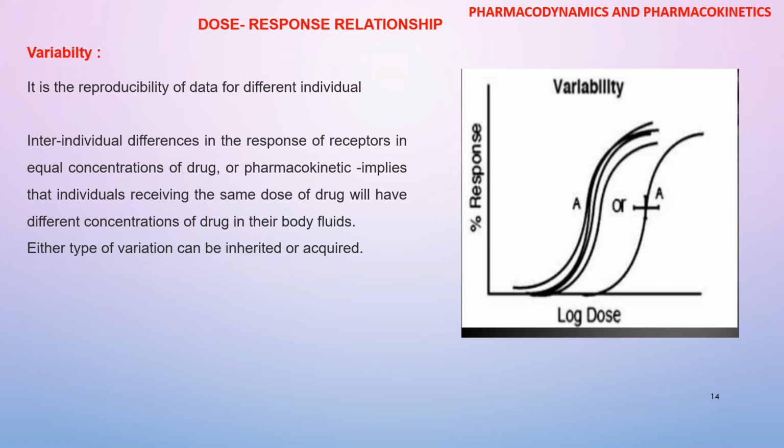It could be acquired or inherited. This variability could be due to variations in number of receptors, receptor functions, differences in post-receptor responses like secondary messenger systems, severity of disease, or due to pharmacokinetic parameters like absorption, clearance, etc.